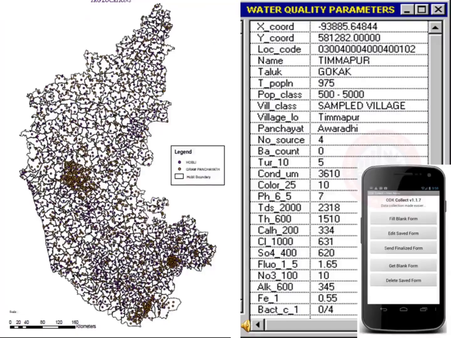A number of borewell water samples were collected from different parts of the state, along with latitude and longitude of borewell locations through Android smartphones. After testing, water sample results are filled in a format in the mobile and sent directly to the assigned server through the net.